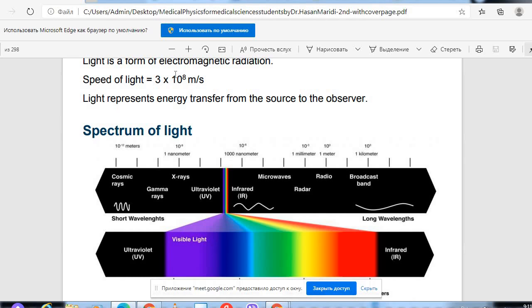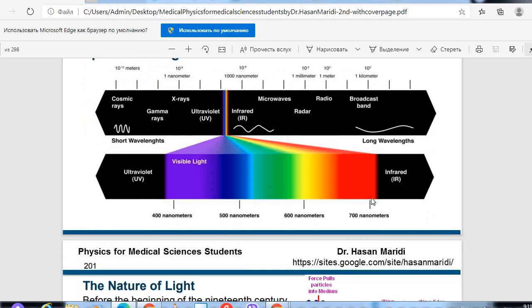The light represents energy transfer from the source to the observer. Here in the picture is the spectrum of visible light. It is a very short range of wavelengths, from ultraviolet to infrared, the wavelengths of light that we can see with our eyes, from violet to red.